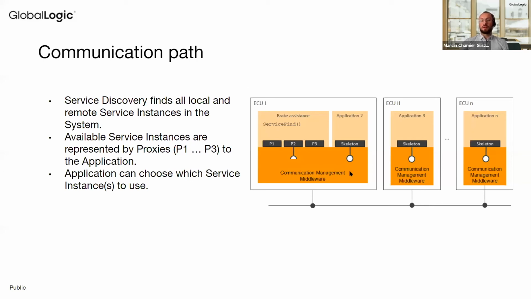The AUTOSAR Adaptive application services do not have to be only part of the car. The services can as well be provided by an external application outside the car, and the car can connect to them, for example, to a traffic light when crossing through the city.